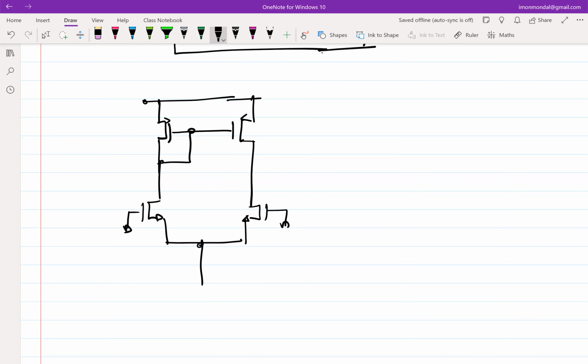Plus was how the circuit was reacting to the changes in VDD. Minus is how the circuit is reacting to the changes in ground. So let me take the thing. So let's say this is VP.